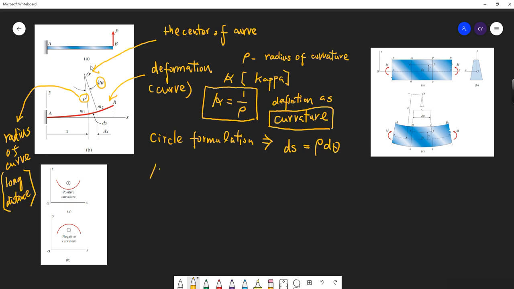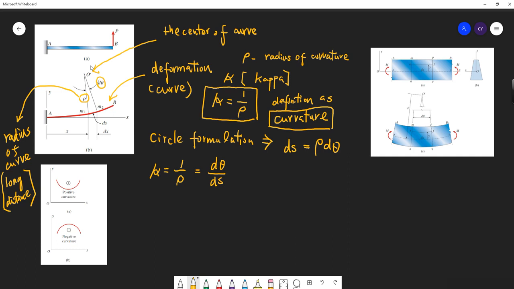Therefore, the kappa, the reciprocal of the radius of curvature, is equal to d theta divided by ds.